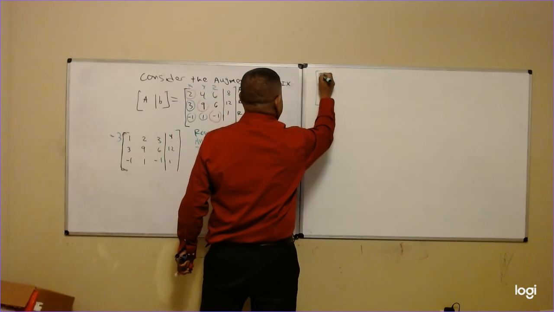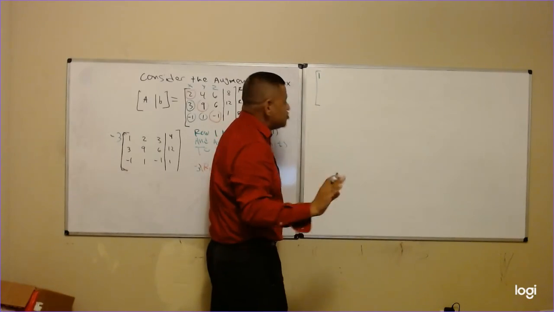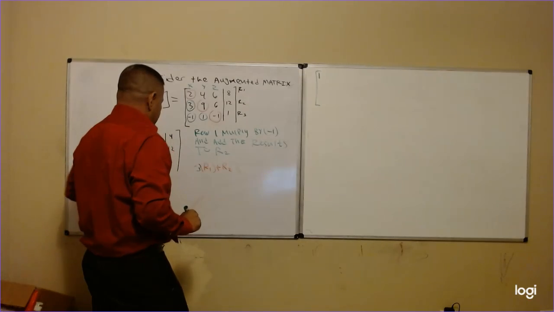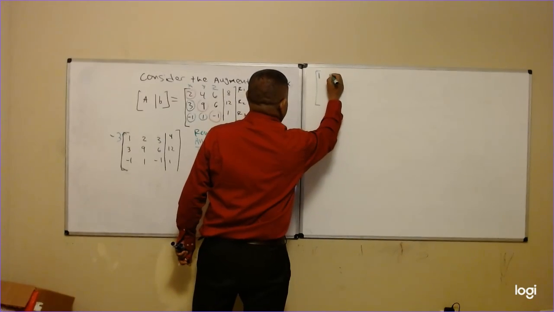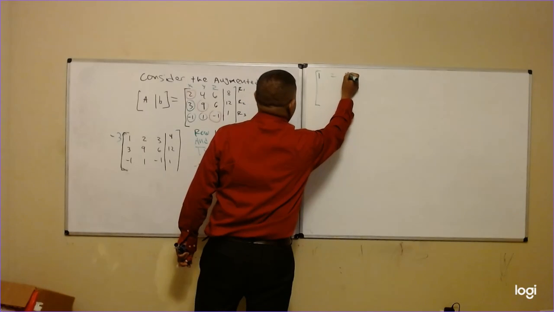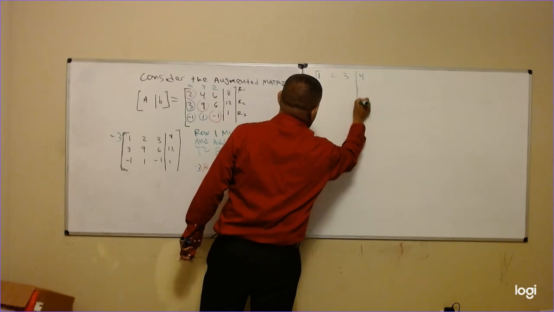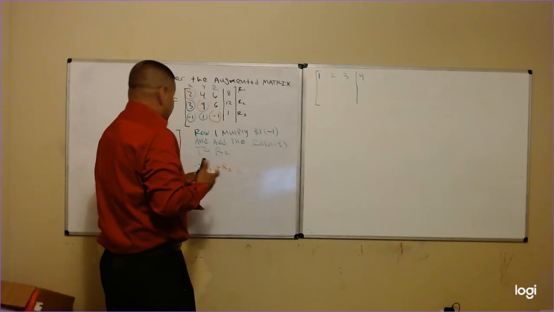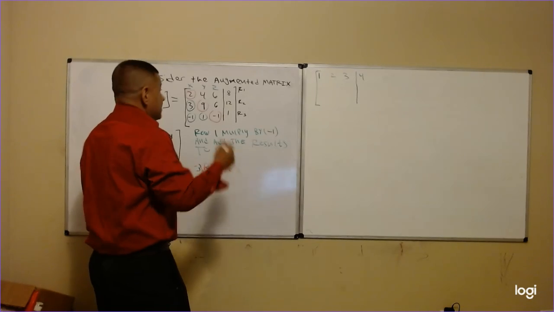The first row stayed the same. I am just multiplying it and adding it to row 2. So row 1 stayed 1, 2, 3, 4. Okay? Now, I am adding that result to row 2.